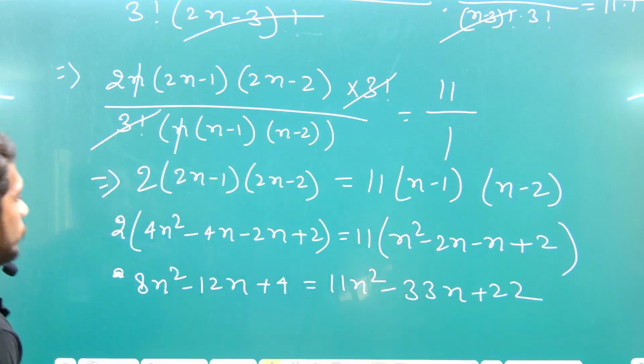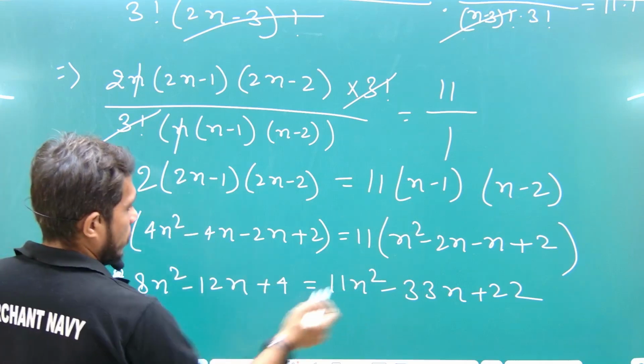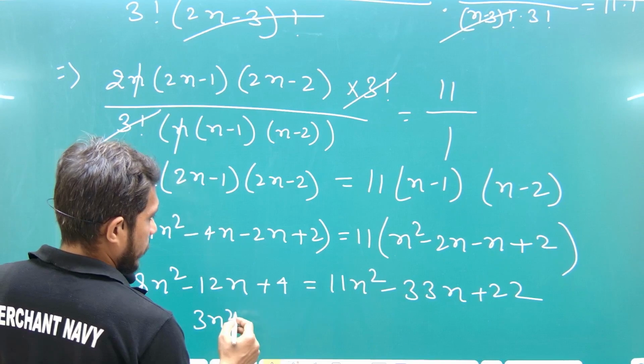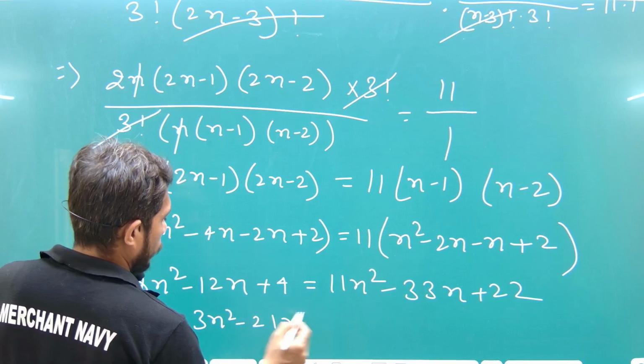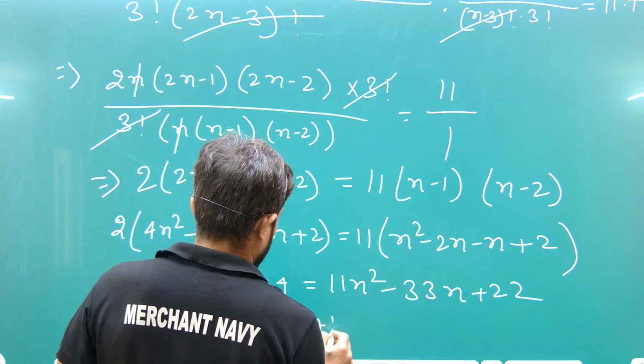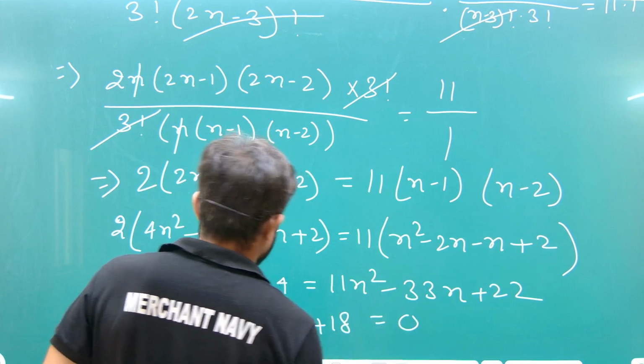Now from here you get 3n square minus 21n plus 18 equals 0.